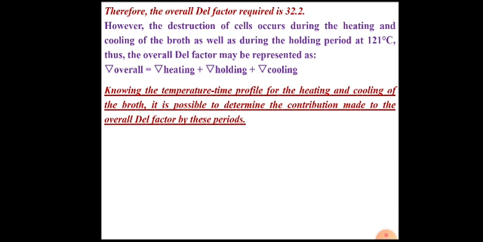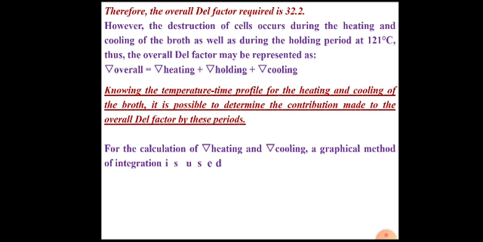To calculate all these Del values, we need a time-temperature profile of heating and cooling of the broth. For the calculation of Del heating and Del cooling, a graphical method of integration is used. So let us see what this graphical method of integration is.